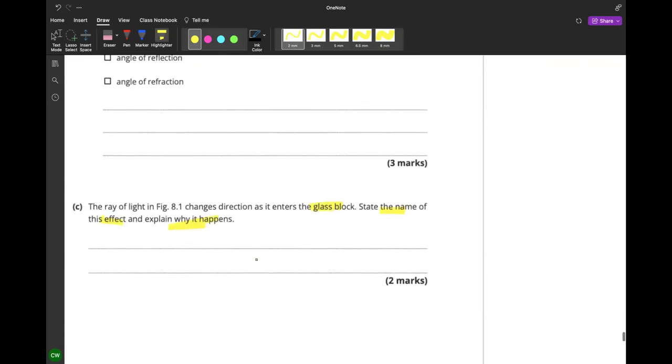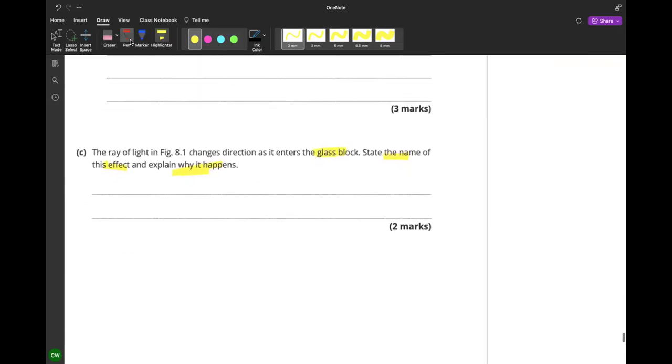Why does refraction occur? This is the refraction of the ray. Why? What happened to the speed of the ray? Change. Okay. Refraction. I think I spelled it wrong.